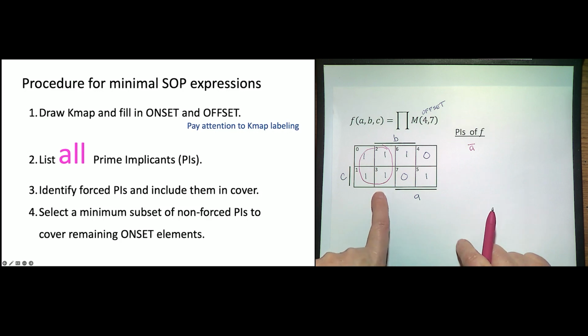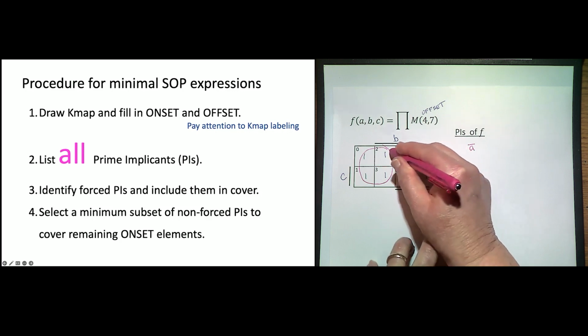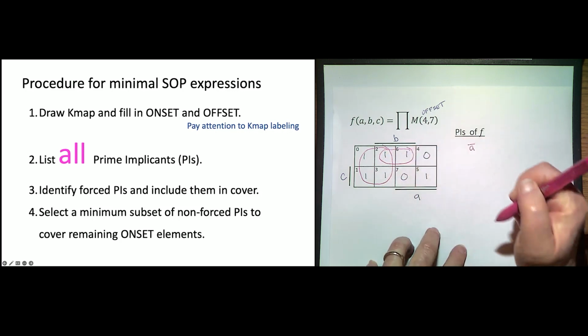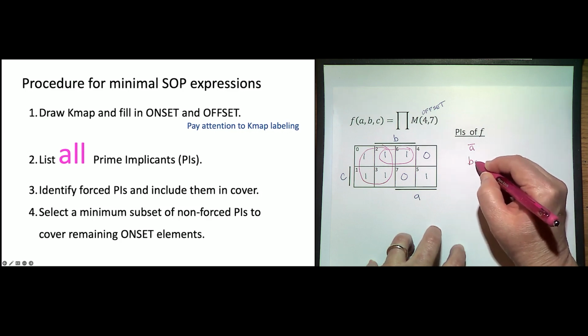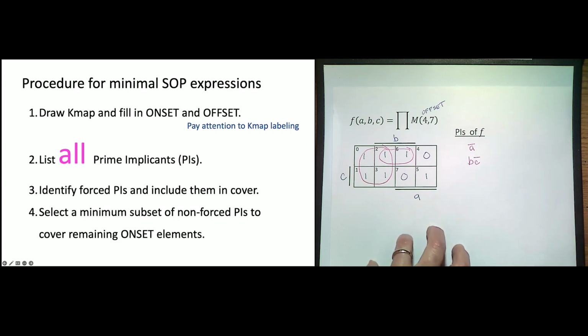It straddles B, straddles C, and it's outside of A. Any others? Yeah. 2 and 6. Okay. And what's the product term? B, C bar. Okay. Any others?